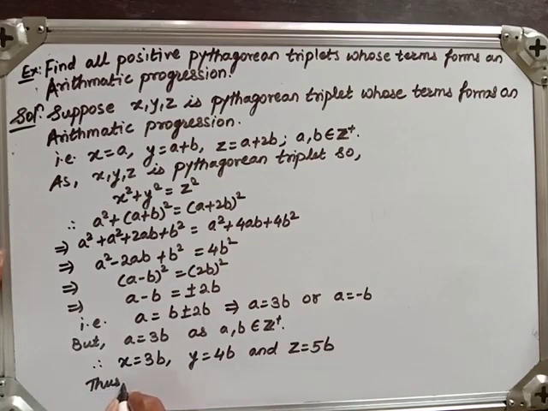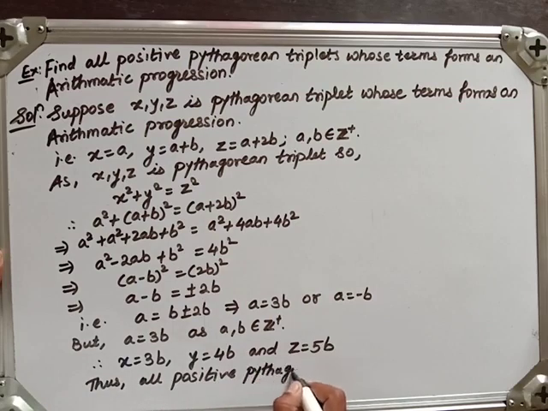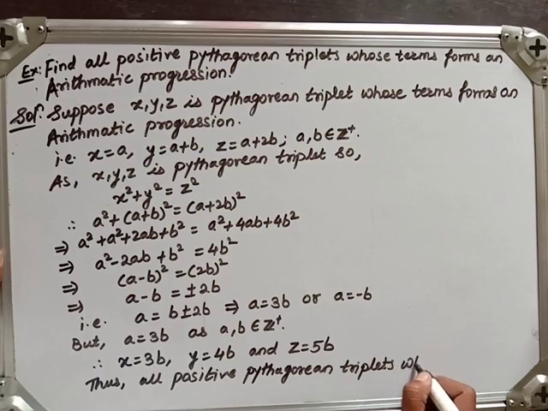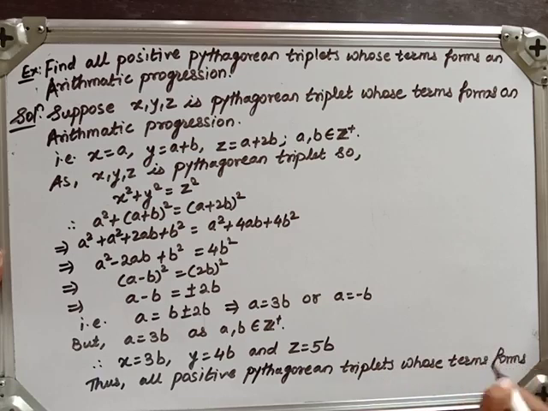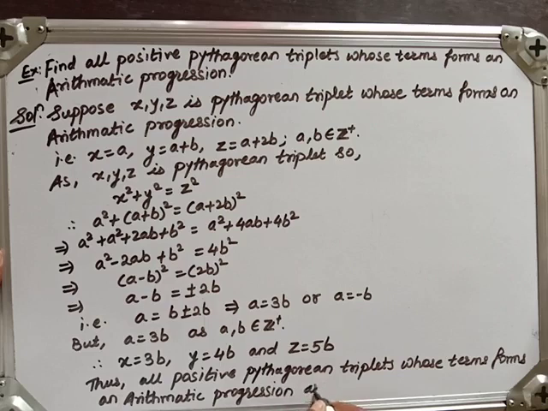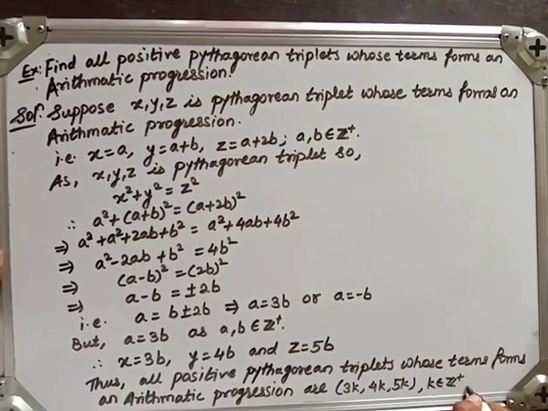Thus all positive Pythagorean triplets whose terms form an arithmetic progression are 3k, 4k, 5k, where k is in the set of positive integers.